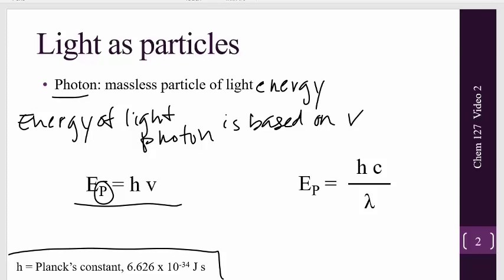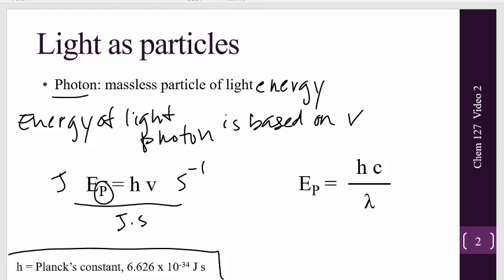So this Planck's constant is in units of joule seconds. Frequency is in units of seconds to the minus 1, so our energy is going to be in units of joules. So this relationship between frequency and energy is in this new equation, although frequency is still related to wavelength.